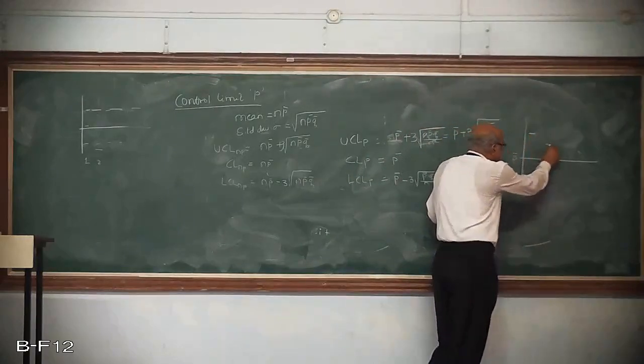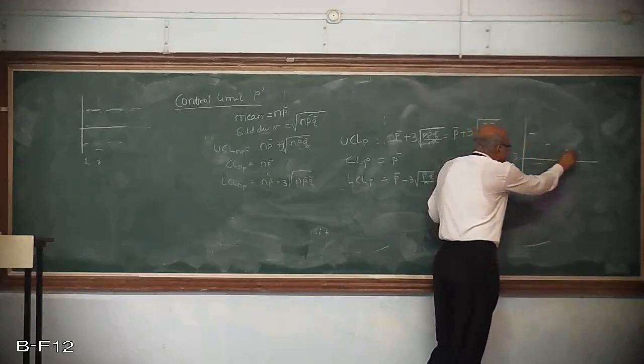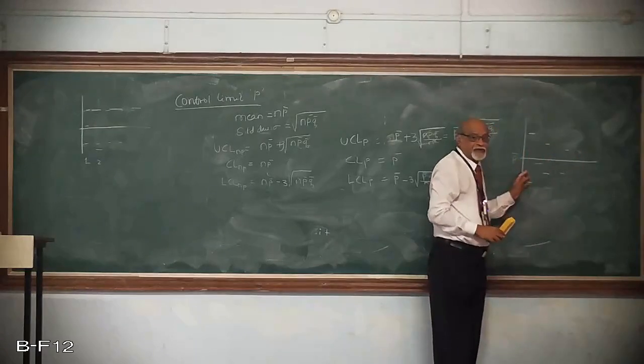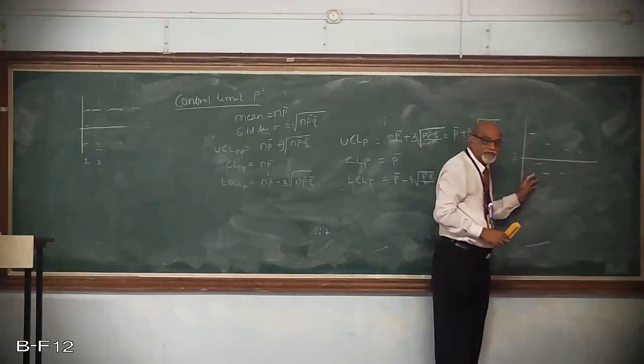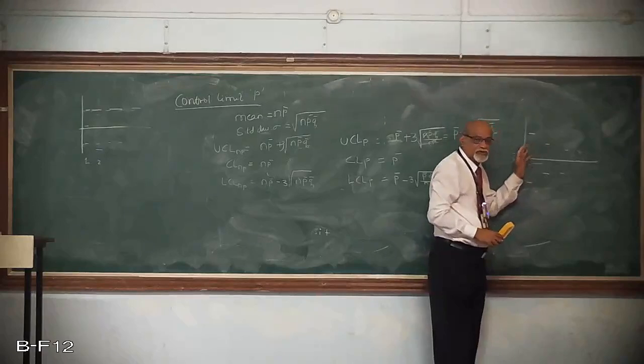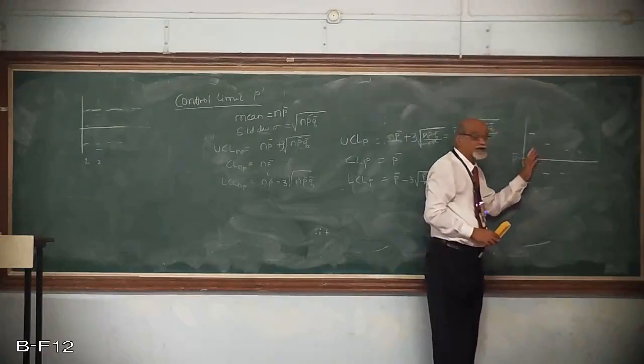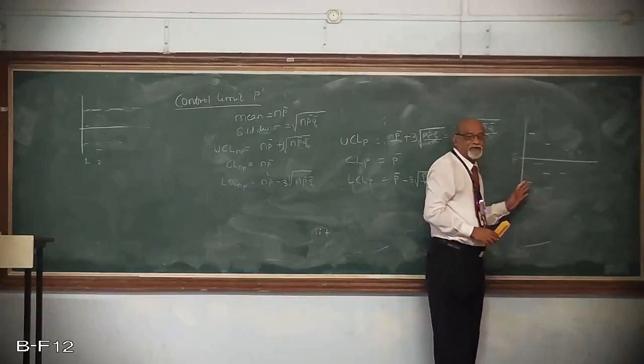That is the advantage of this P chart. Because for each sample, I need to find out the fraction defective, that means the upper and lower control limits are to be found out, and then it needs to be compared.